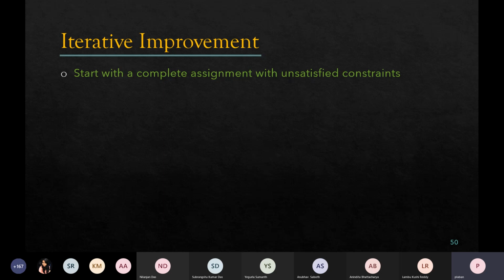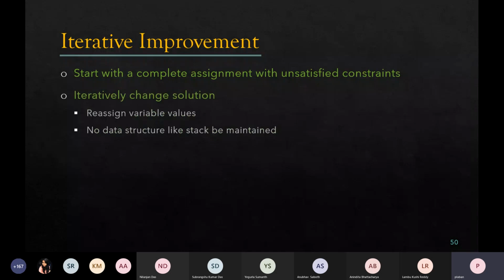And it does not really care whether this complete assignment is violating the constraints or not. It will be just starting with any such assignment, right? But it should be complete. And iteratively try to improve the solution with some heuristics. And that gives us an algorithm which we call as iterative improvement algorithm, right? So basically, it will be assigning the values to change the solution.